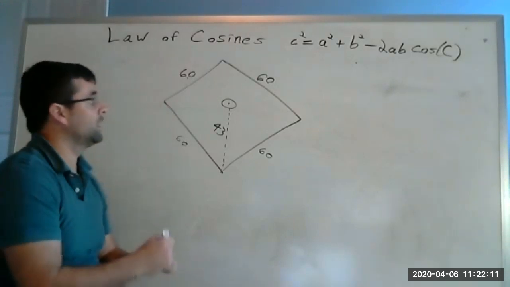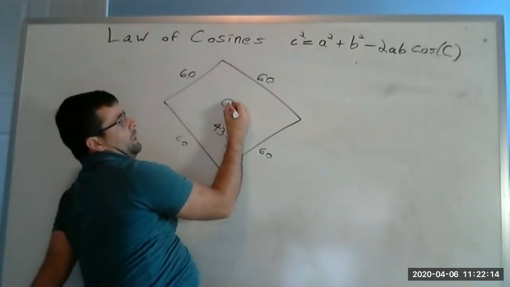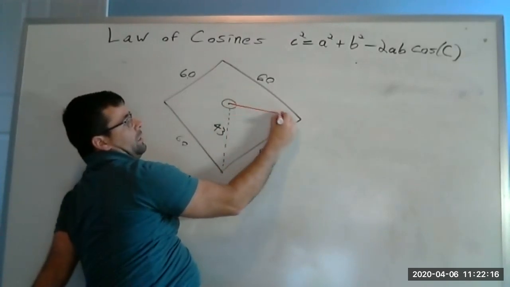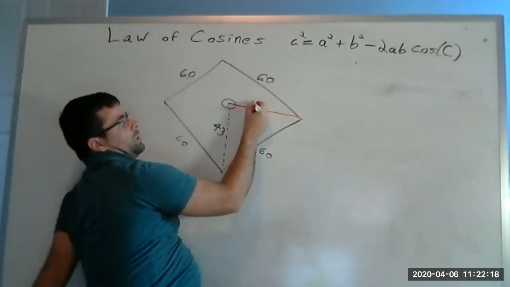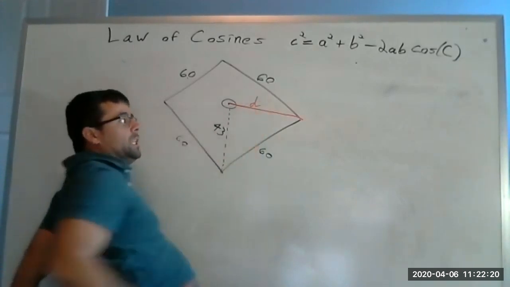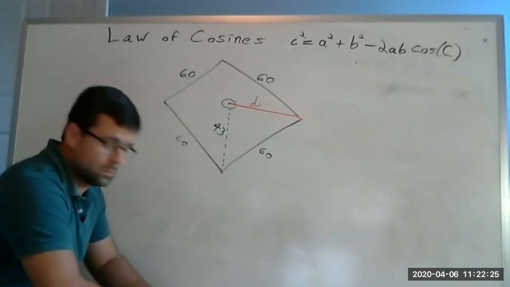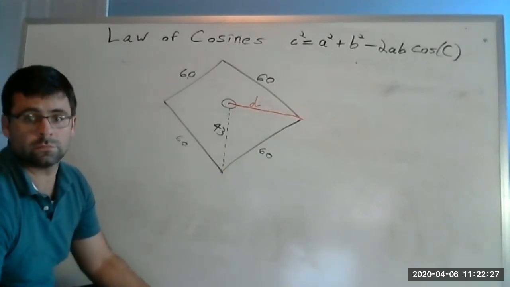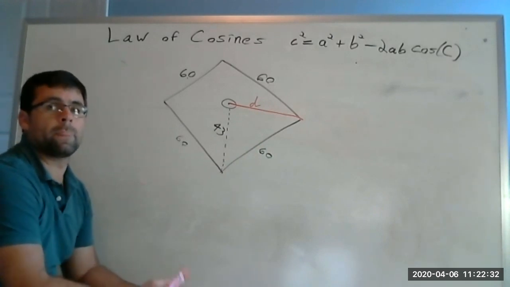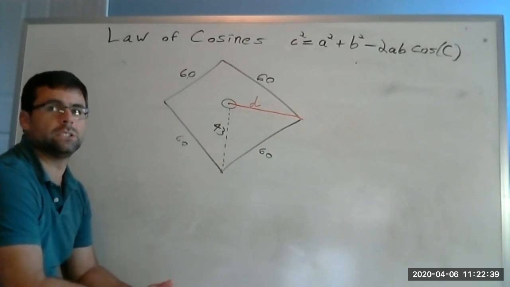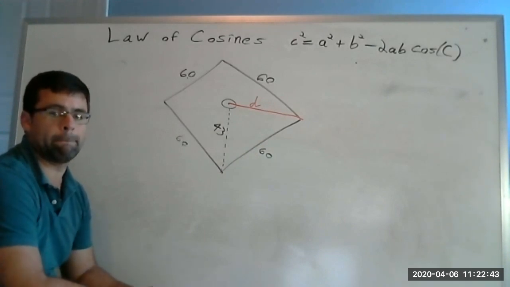So the side we are looking for is this one. We're going to call it D. So what is D? How can we find that length?